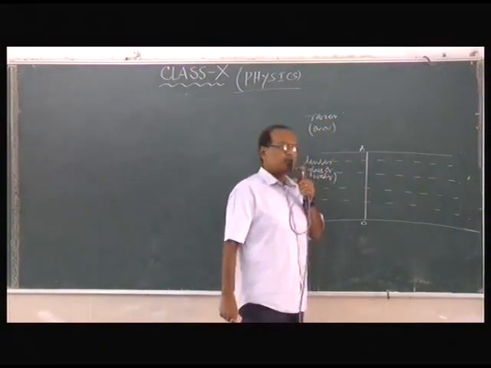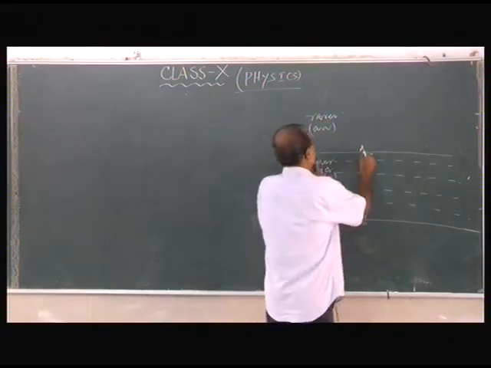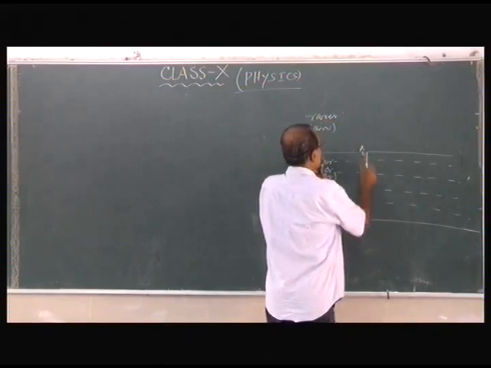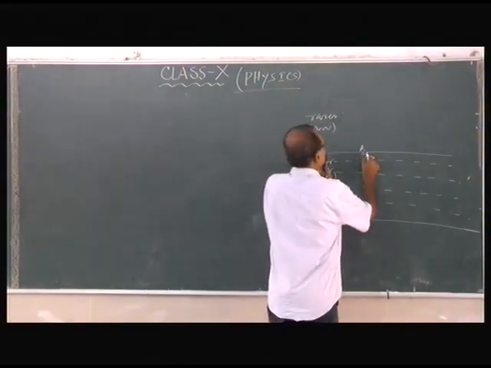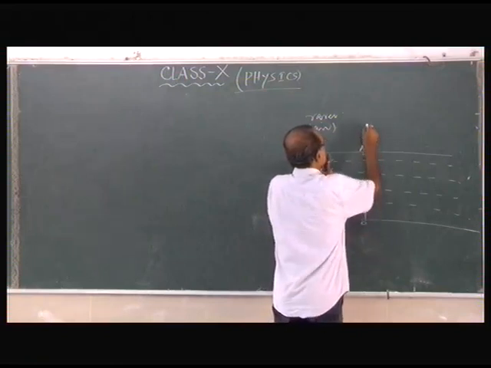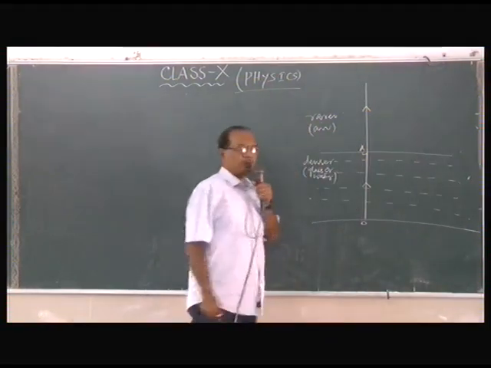So for this we'll consider two rays. One ray we will consider that is normal to the surface. So then the ray will pass undeviated. The ray will pass straight.